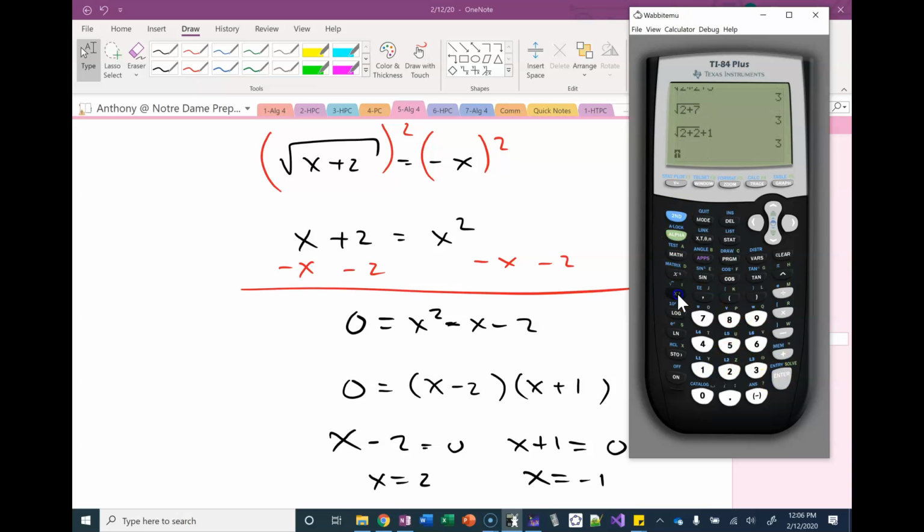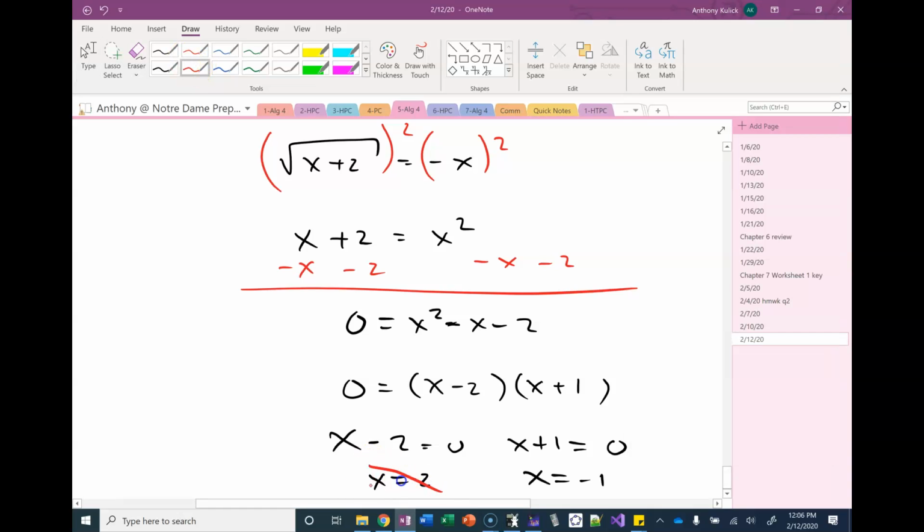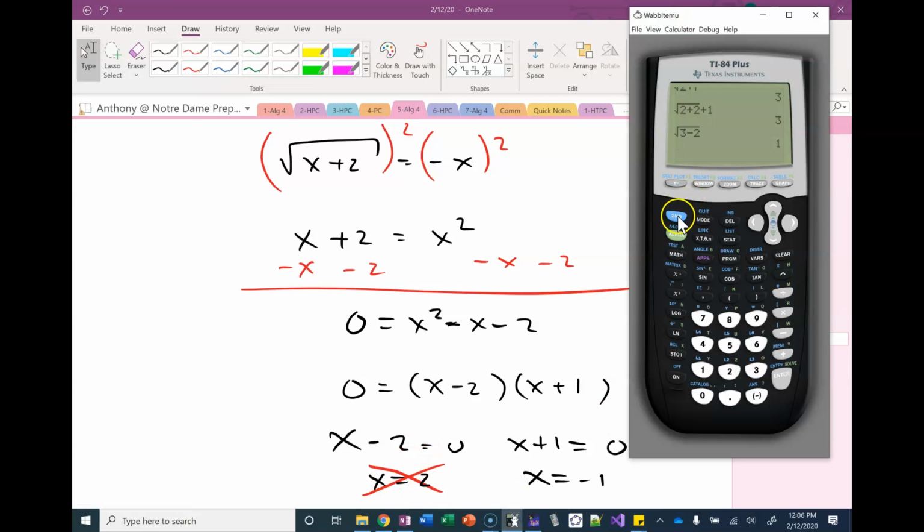The left-hand side gives me 3, and the right-hand side gives me 1. Those did not agree. So I'm going to discard that solution. Now let's try the negative 1.